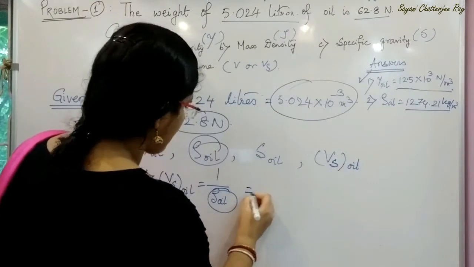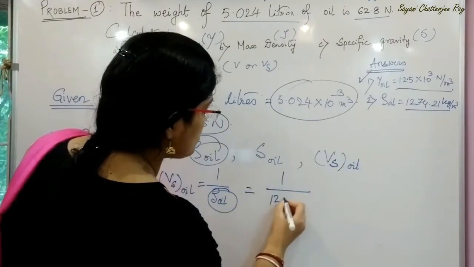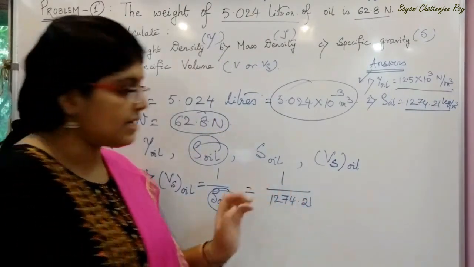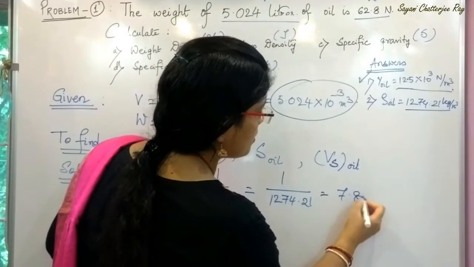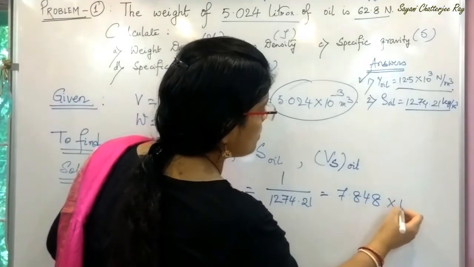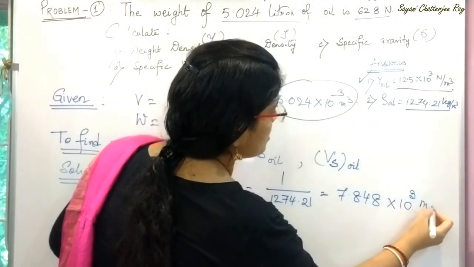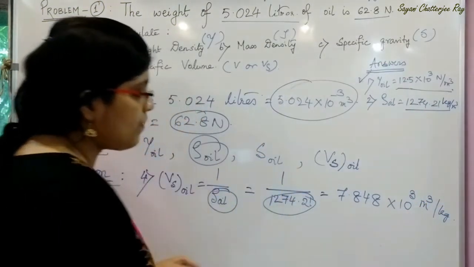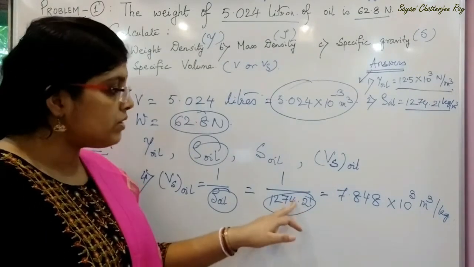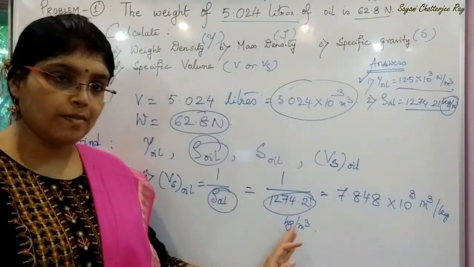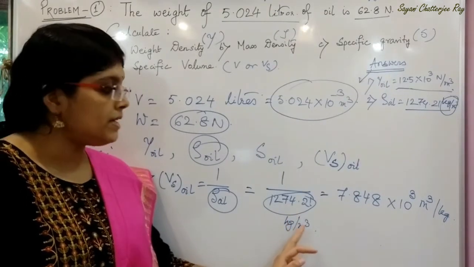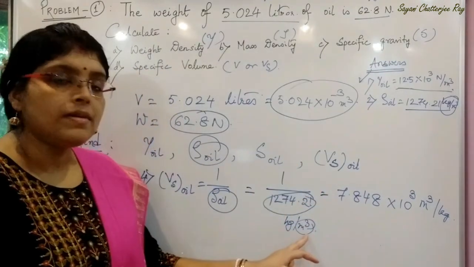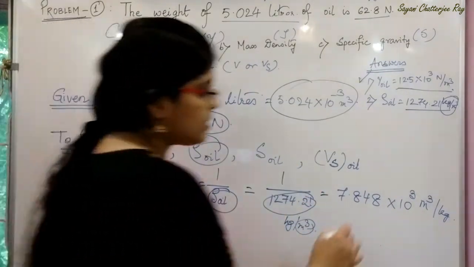So it will be 1 upon 1274.21. After calculating this, we get our answer as 7.848 into 10 to the power minus 4 meter cube per kg. The units of rho are kg per meter cube. Now kg per meter cube is in the denominator, so it will go up, and it becomes meter cube per kg. I hope this is clear to all of you.